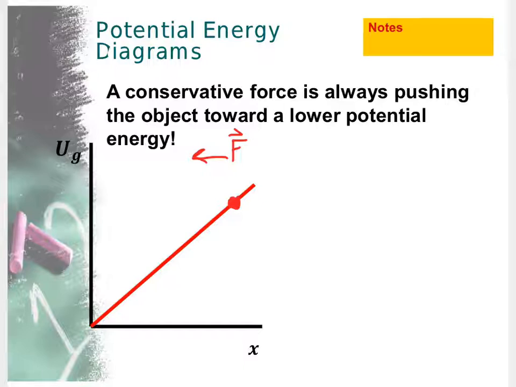So just by looking at a potential energy diagram and looking at the slope, I can automatically say which direction the force is going to point. Because my lower potential energies are over in this direction, I can automatically say the force is going to be pointing in this direction, and I don't even need to do any calculations.